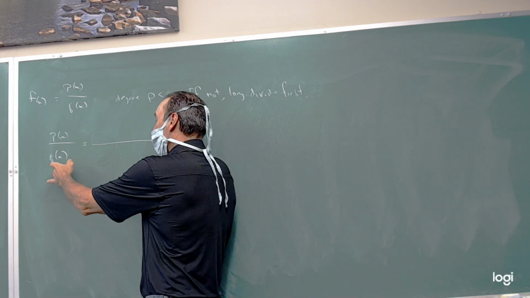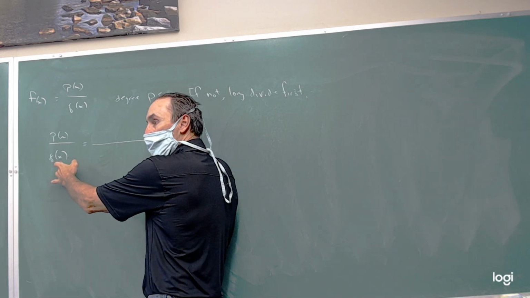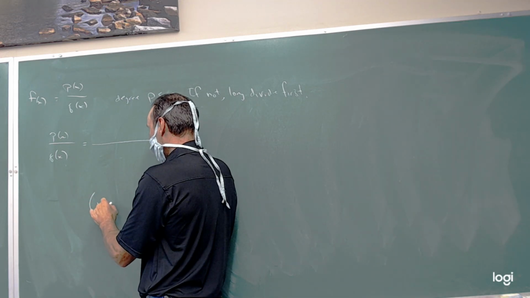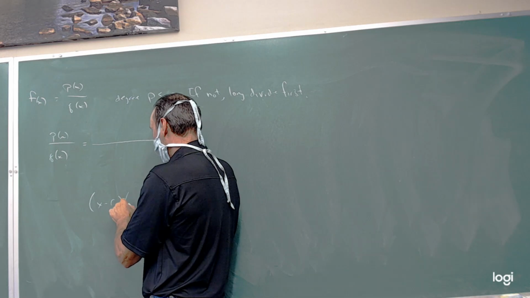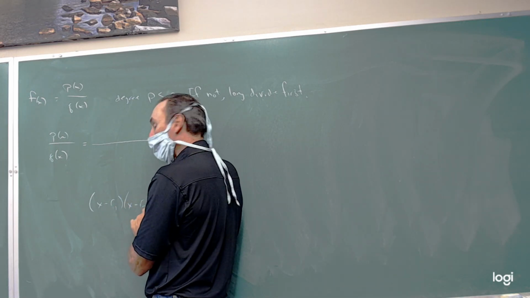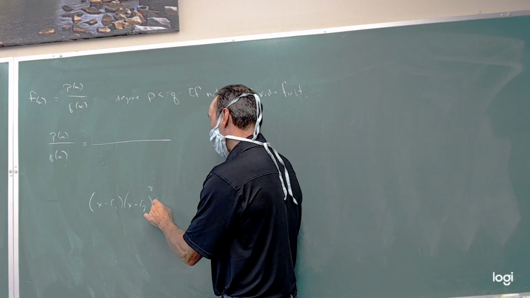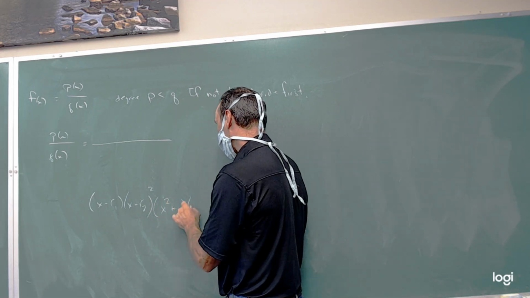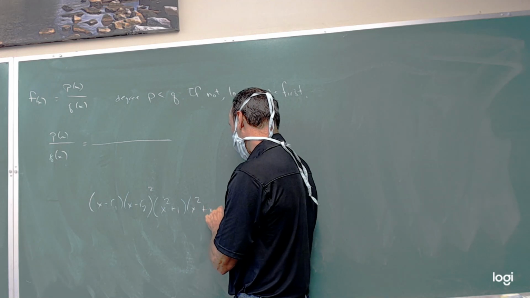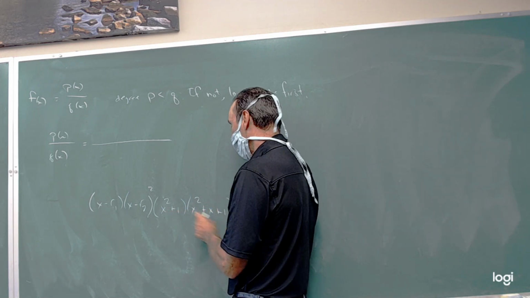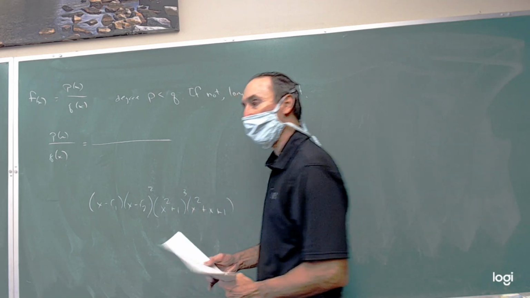So it turns out that any polynomial can be factored into linear factors, maybe to different powers, or irreducible quadratics, and maybe that's to the third power or something like that.